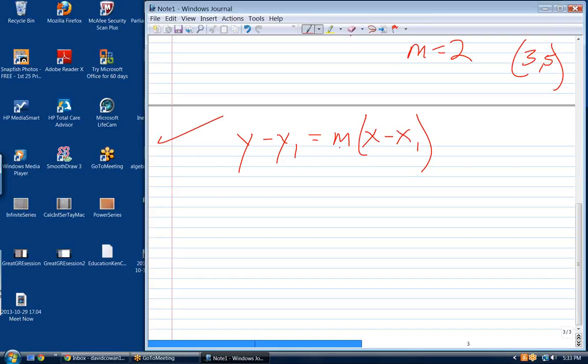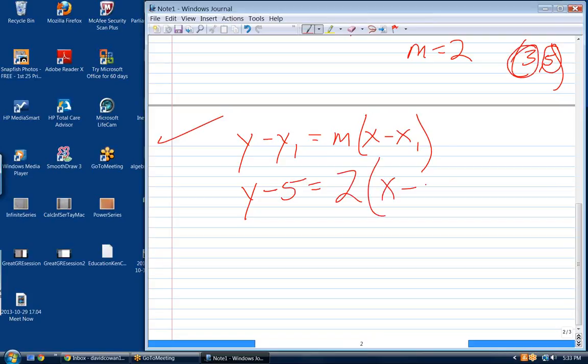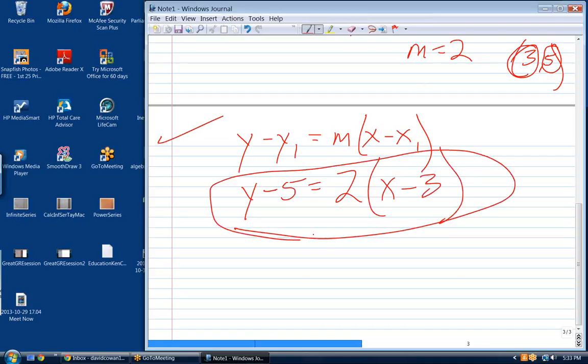Notice I can fill in everything I need. y minus this y1 value, 5, equals the slope times x minus this x1 value, 3. So there's my equation of that line instantly. No need to solve for b or anything else.